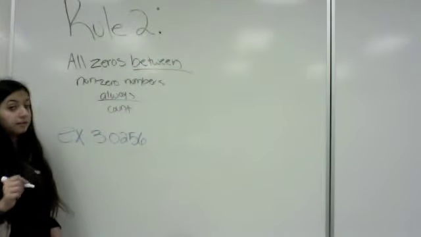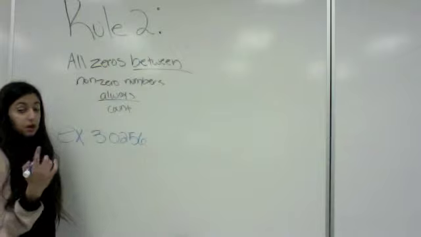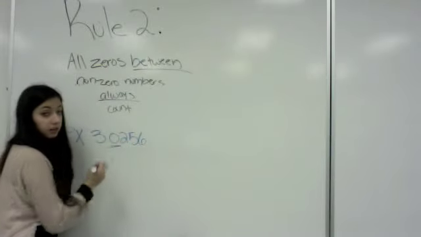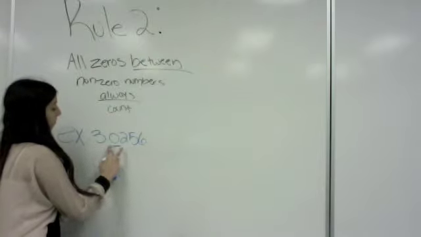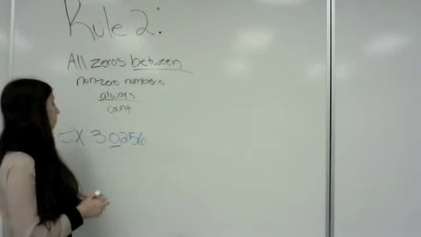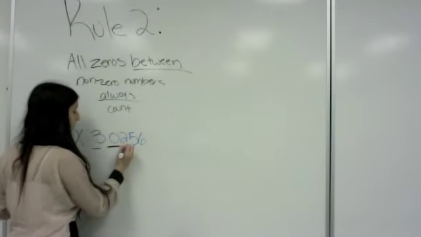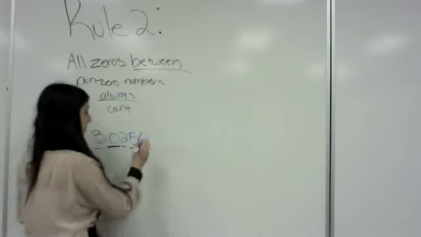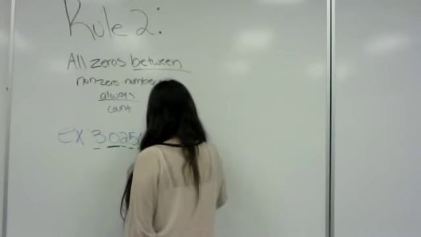Now someone made the mistake that this would only have 4 sig figs because we're not counting the 0. But since these two, 3 and 2, are non-zero numbers, the 0 will count. So we have 1, 2, 3, 4, 5 sig figs.